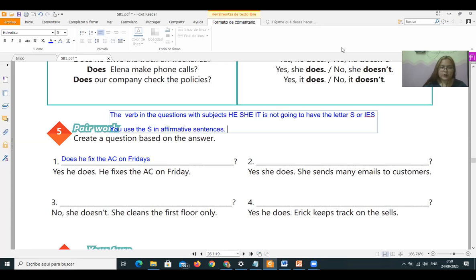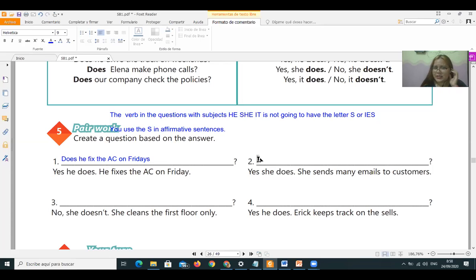So, in negatives and in questions, we don't use the S or IES in the verb. Just in affirmative sentences. That's why number 1, does he fix the AC on Fridays? Fix. No more fixes, but fix.